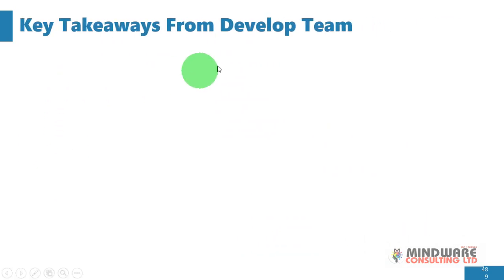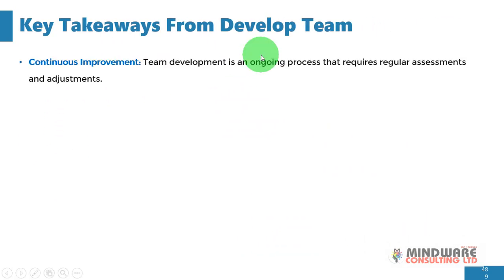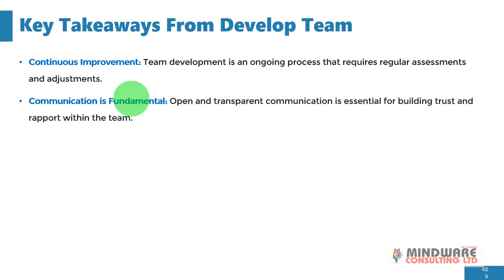Now, what are the key takeaways from this sub-process? Firstly, continuous improvement. Team development is an ongoing process that requires regular assessments and adjustments. Okay, so that's something that has to be ongoing. Communication is fundamental.